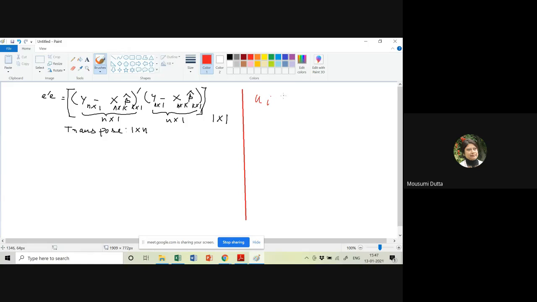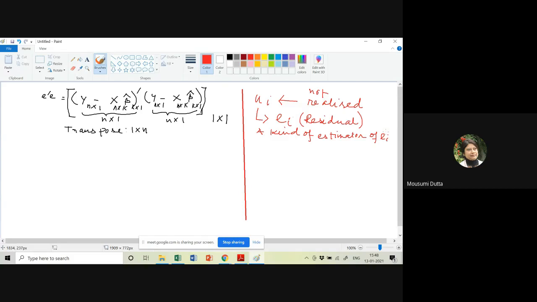So UI, the problem with UI is not realized. So we are bringing EI here, the notion of residual, which is a kind of estimator of UI.